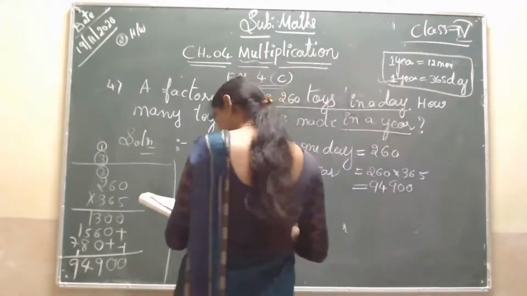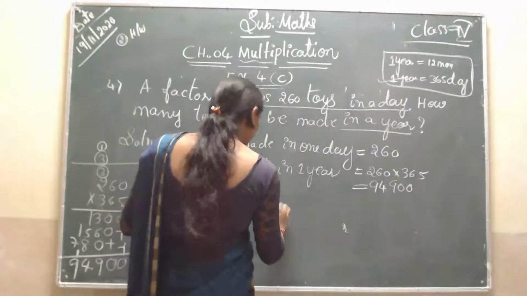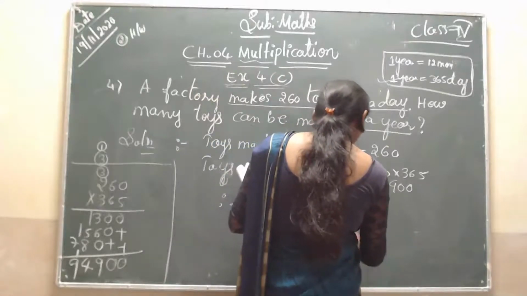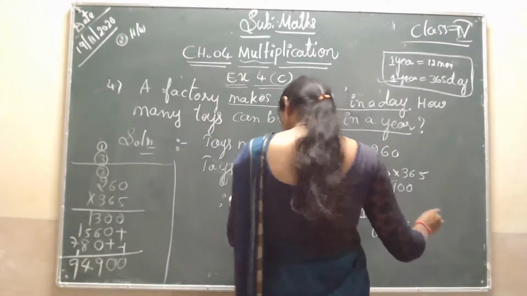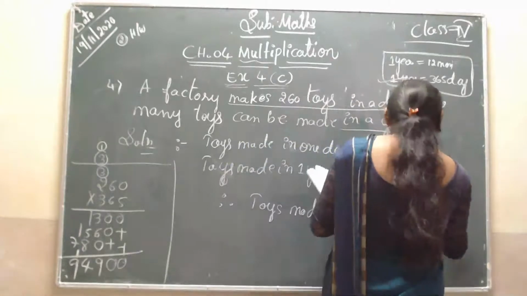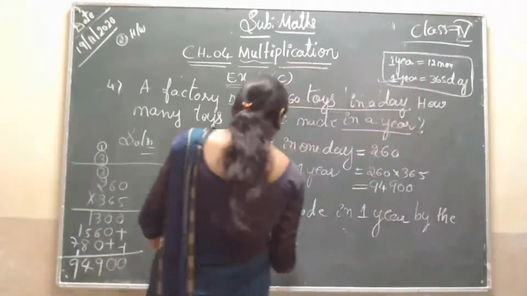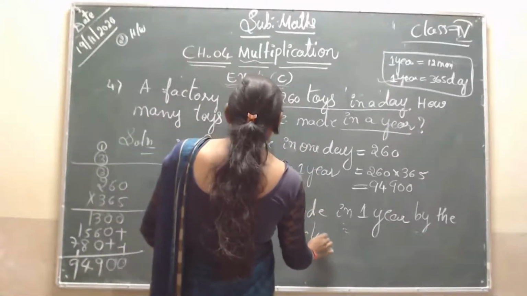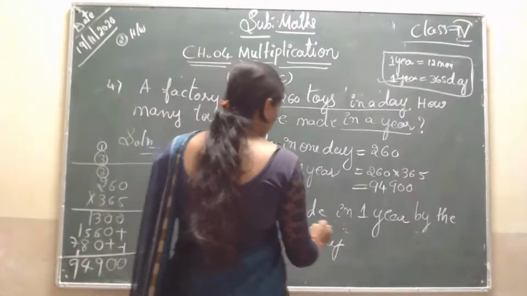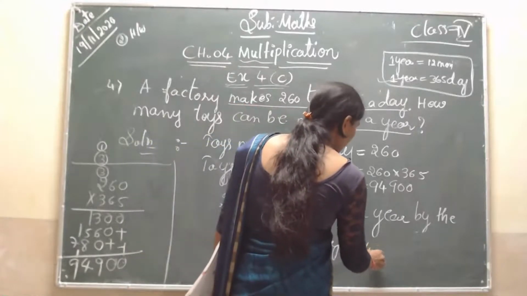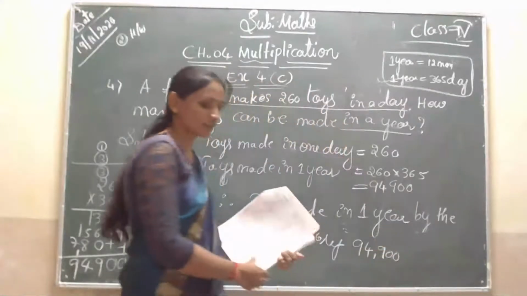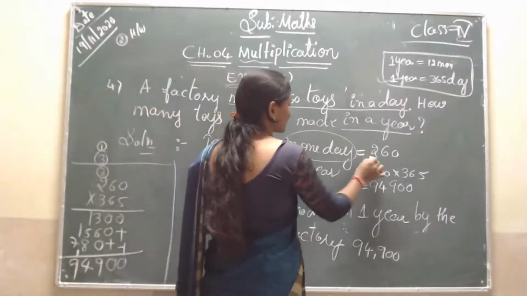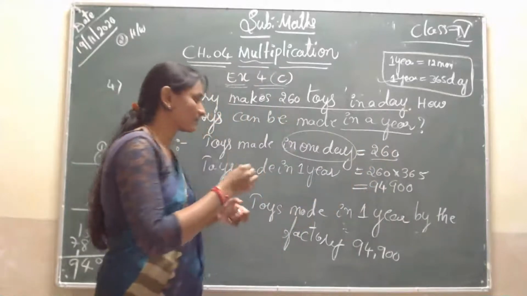Students, you have to write here the toys made in 1 year by the factory, that is a total of 94,900. The question is toys made in 1 year.